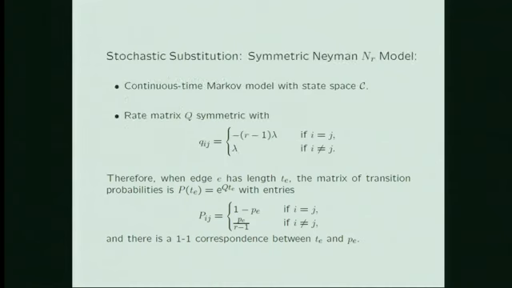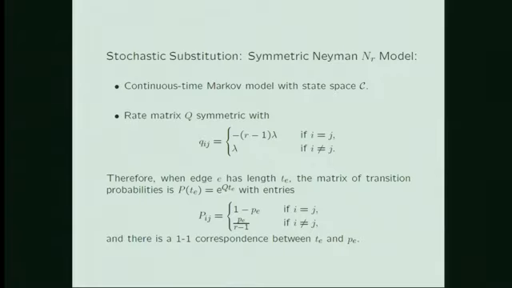So the typical substitution model that is considered is the symmetric Neyman model, which is simply a continuous time Markov process that evolves over this tree with symmetric and identical substitution rates for a fixed site.